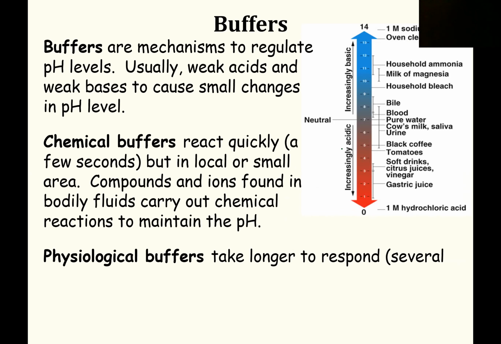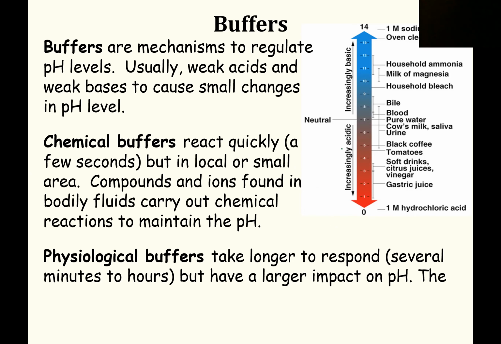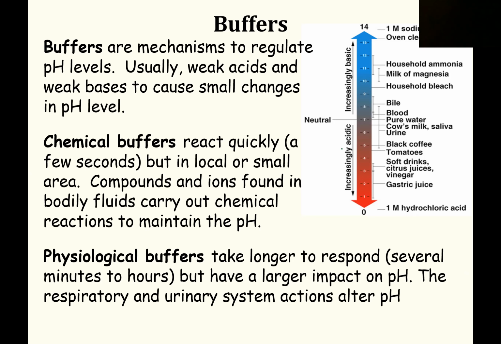We also have physiological buffers. They take longer to respond, several minutes to several hours, but they have a bigger impact on pH. The respiratory and urinary systems are going to act and provide a mechanism to alter pH levels.